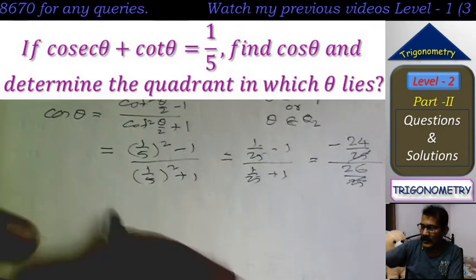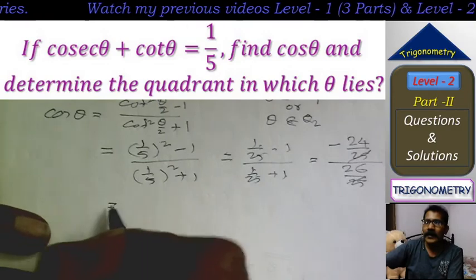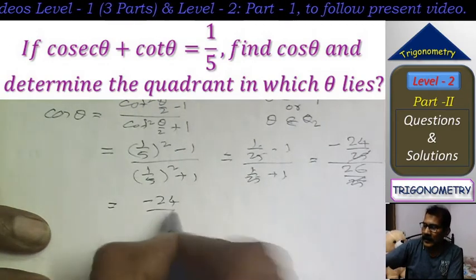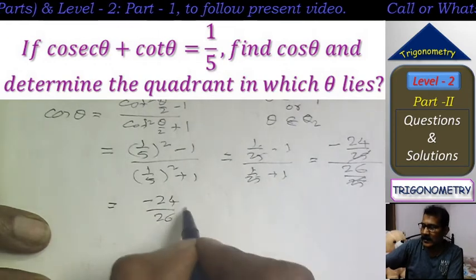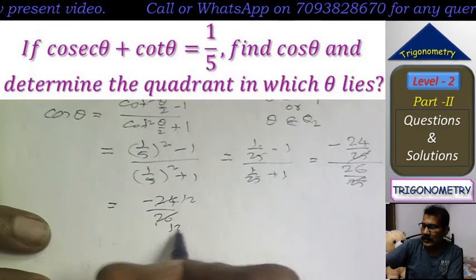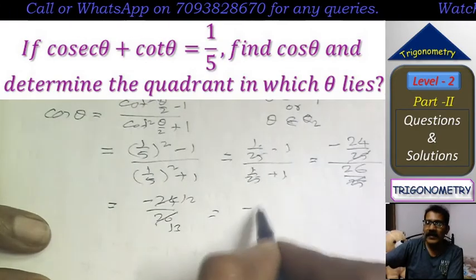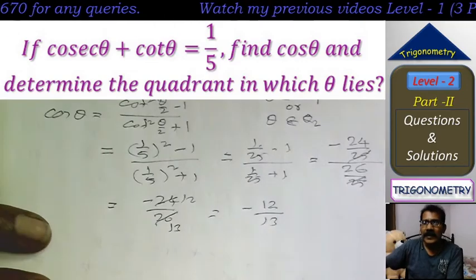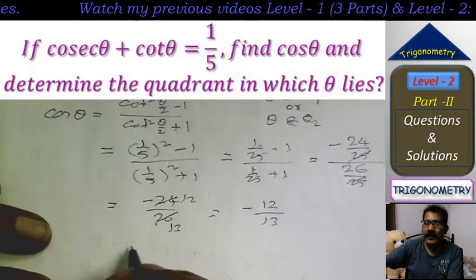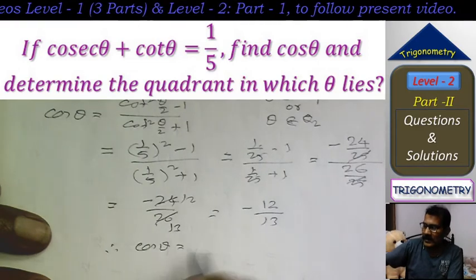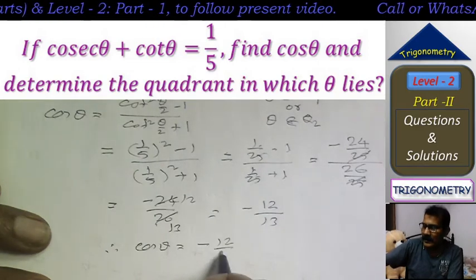So in further simplification, I am left with minus 24 divided by 26. And this is 2 12 times, 2 13 times. That is minus 12 divided by 13, which is the cos theta value. So therefore, cos theta is equal to minus 12 by 13.